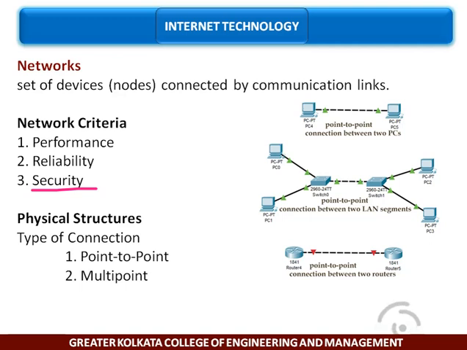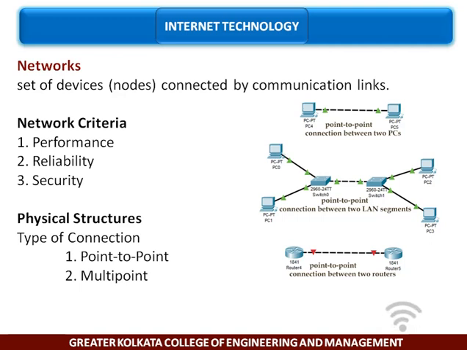Network security issues include protecting data from unauthorized access, protecting data from damage and modification, and implementing policies and procedures for recovery from breaches and data losses. Okay, so this is about the criteria.